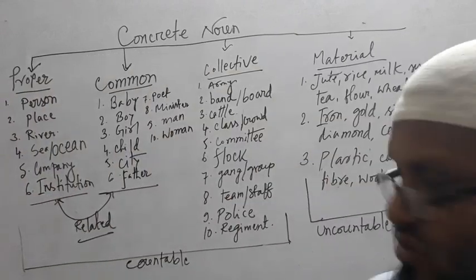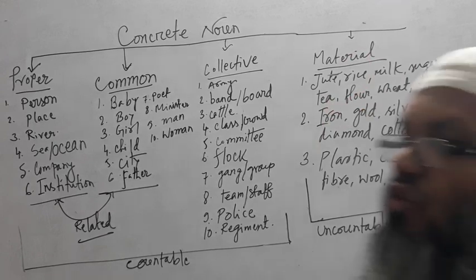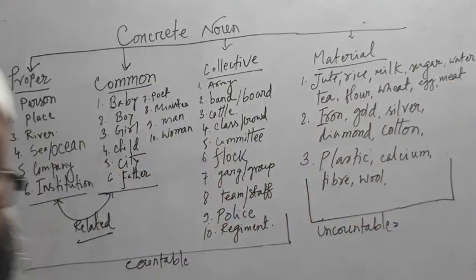What are the measuring words? If I tell you about jute, suppose 1 maund or 1 kg or 10 kg of jute, 1 kg of rice, 1 kg of milk, or 5 liters of sugar, water, a glass of water, a glass of tea, then those material nouns can be counted.